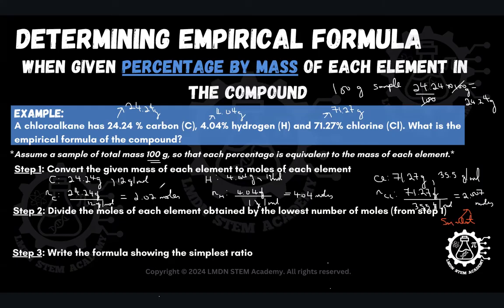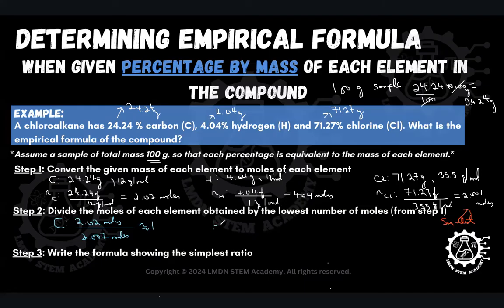We're going to divide all of these moles individually by the smallest one. For carbon, we divide 2.02 moles by 2.007 moles, and the net result is approximately 1.